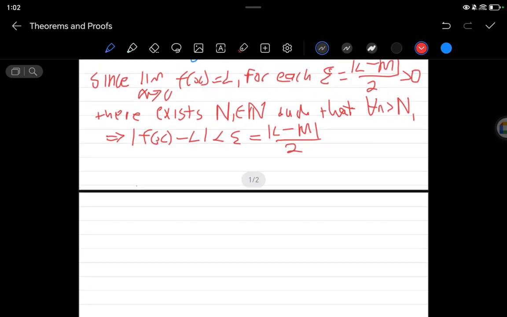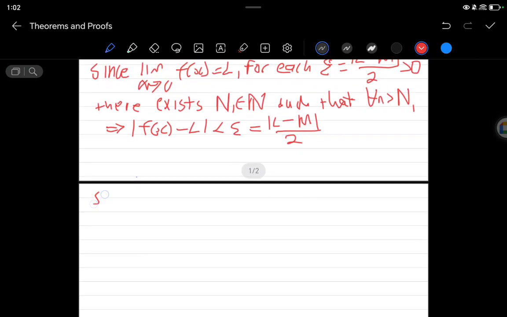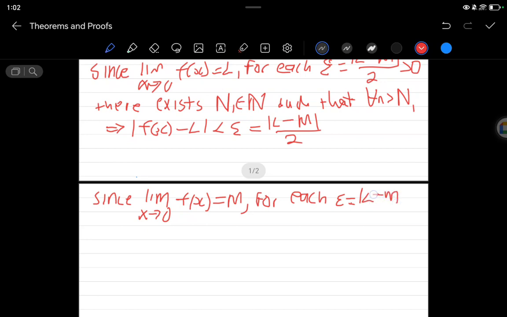And on the other part, I'm also going to say, since the limit as x approaches 0 of f of x is equal to M, I say for each E equal to the absolute value of L minus M all over 2, which is greater than 0, right?